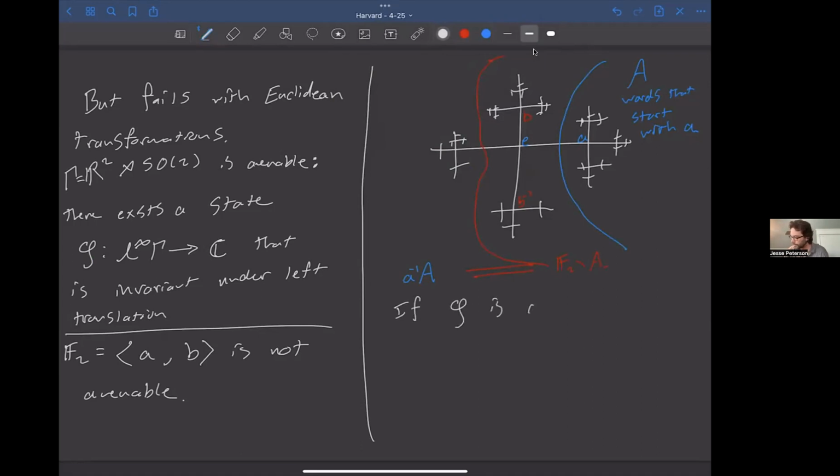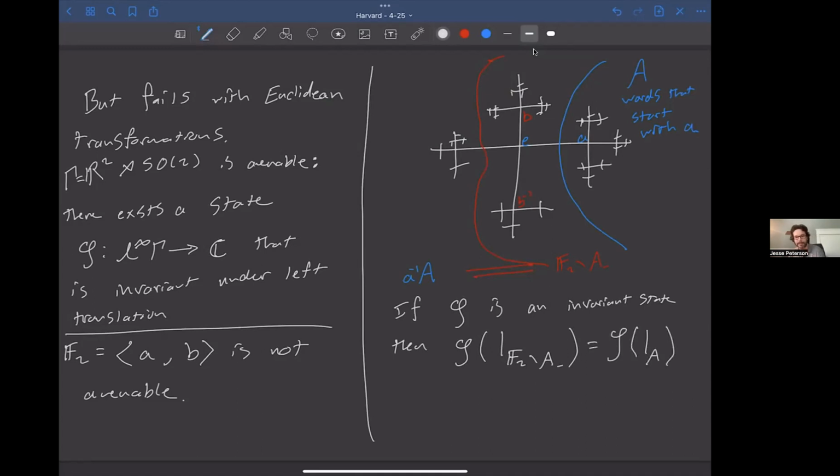phi is an invariant state, then we can apply it to the characteristic function on F2 take away all words that start with A inverse. And since this is just A inverse times A, this will be the same as the characteristic function on A by left invariance.